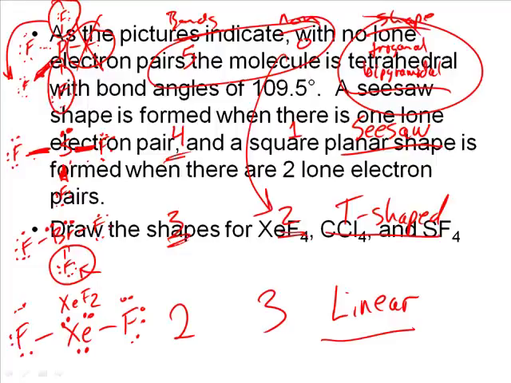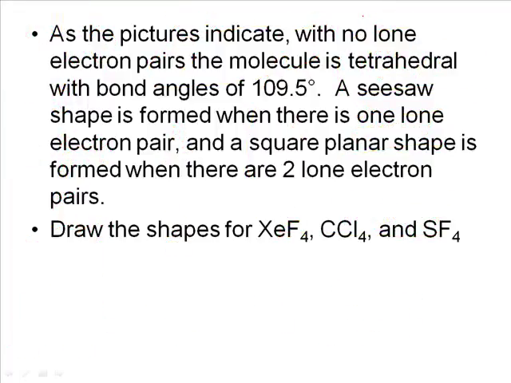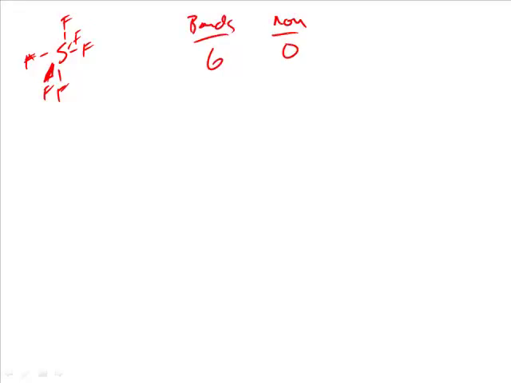Okay, so let's just go back. Let me just find a spot here. So if we come back here, the very last one was the octahedral, where we had the S and the F, up, down, and then straight out at us, and then straight back. That was 6 bonds, no non-bonding, and the shape of that was called octahedral.